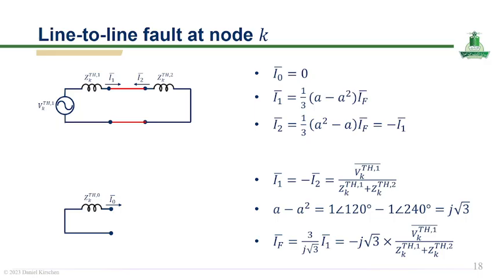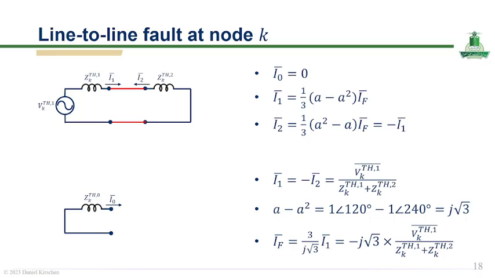The positive and negative sequence currents are equal in magnitude but opposite in direction, as shown by I1 is equal to minus I2. These sequence currents are derived using the operator a, where the relationship a minus a power 2 is equal to j square root of 3 plays a key role in simplifying the expressions.